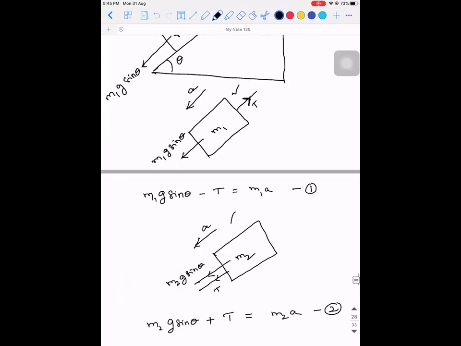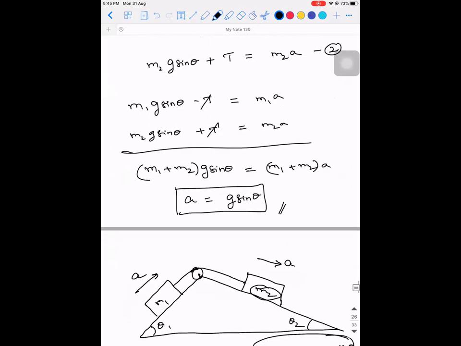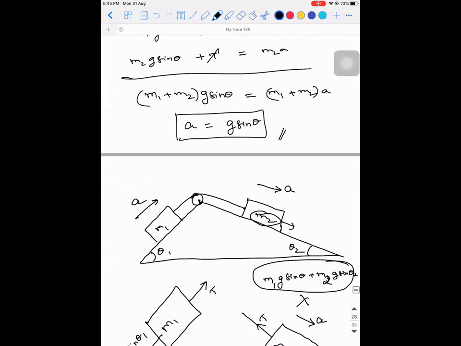Then what was I doing here? m2g sine theta. I told you along the inclined plane it will be sine theta. Perpendicular to the inclined plane it will be cos theta. You have to have this in mind because you will be using this in many derivations.